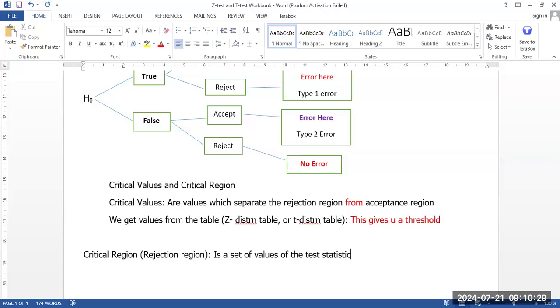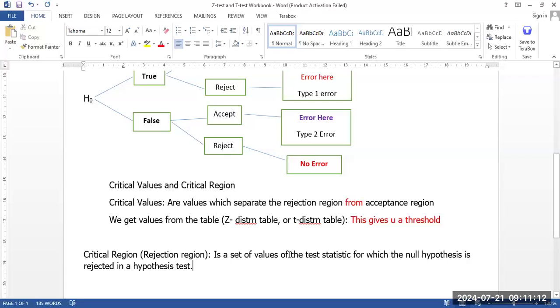Test statistic, here we mean either it can be Z test or T test. If we hear the word test statistic, it can either be Z test or T test. Contains set of values of the test statistic for which the null hypothesis is rejected in a hypothesis test.